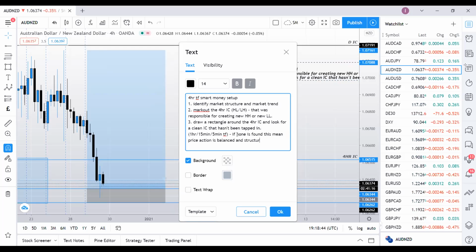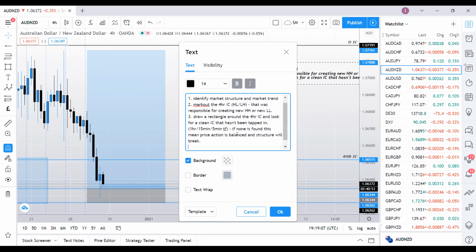When the price comes there, if there isn't a clean institutional candle, I would expect the market to go straight through the higher low.